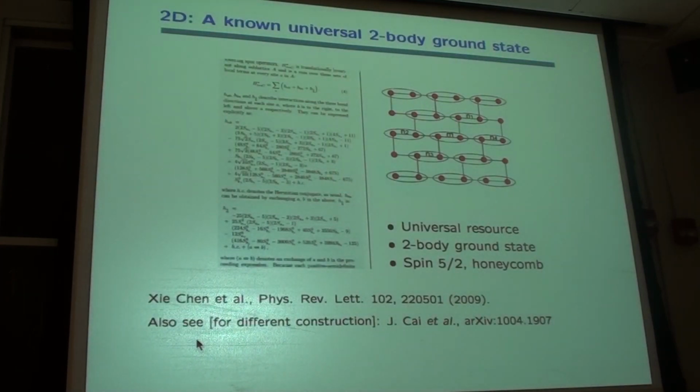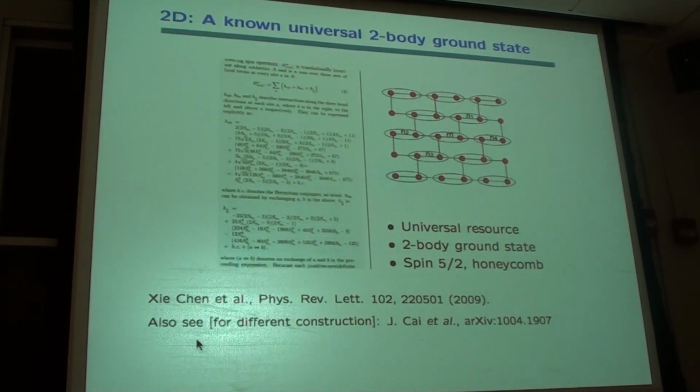I just want to mention a result that gives a kind of conditional yes to this question. You would need to ask yourself, what do I mean by a simple Hamiltonian? The first criterion would be two-body interactions only. Finding a universal ground state for two-body interactions was solved here by those people.